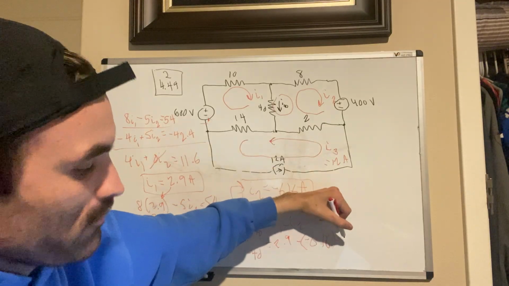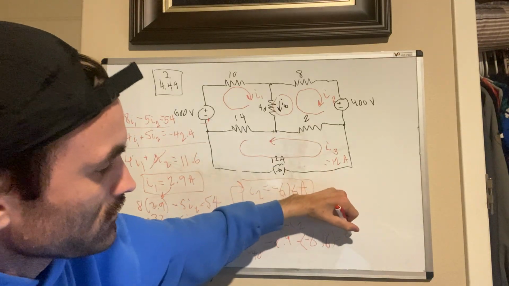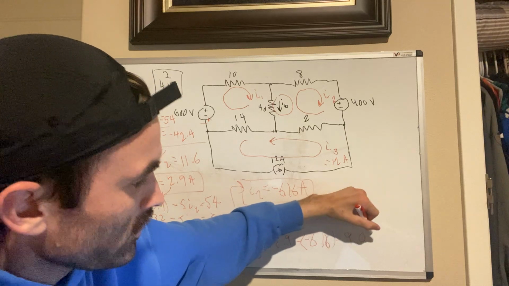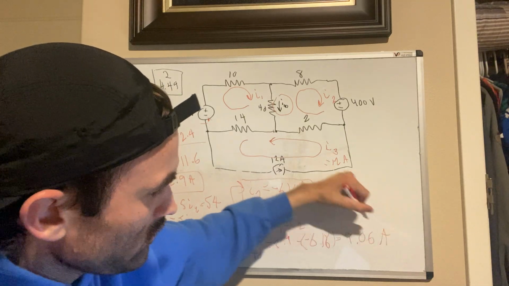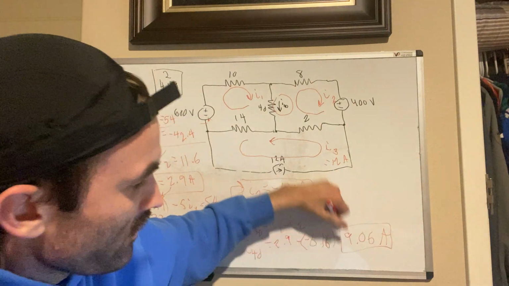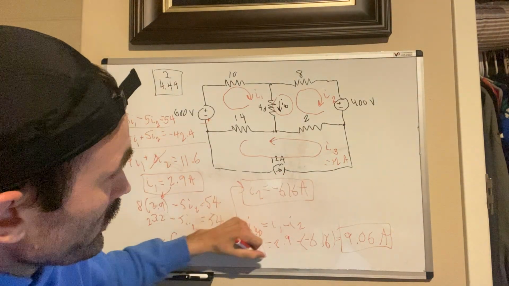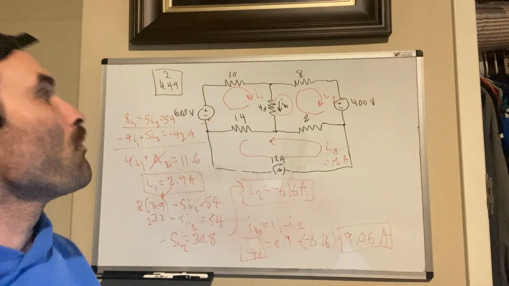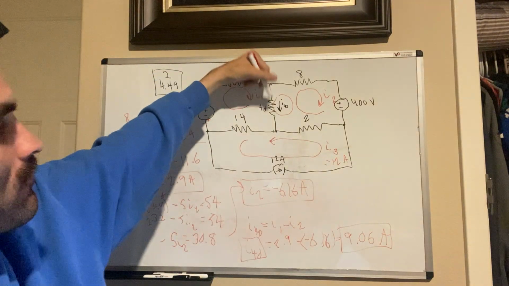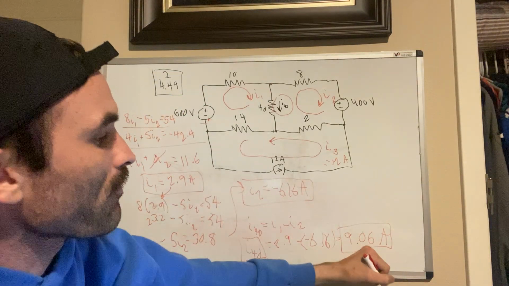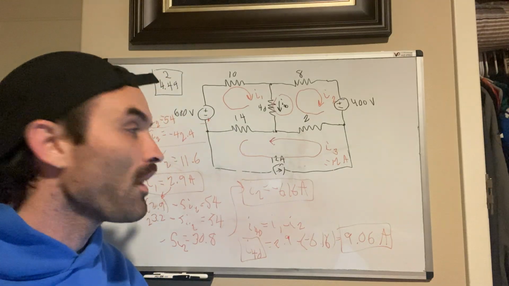We get 9.06 amps. And that is the answer. So I40, the current that is going down through the resistor, is this pretty large number, 9 amps.